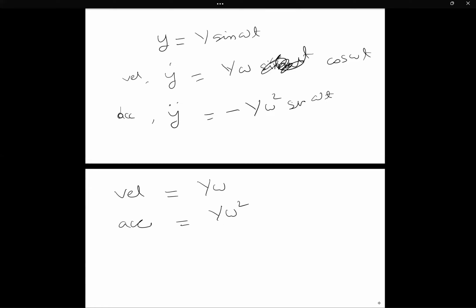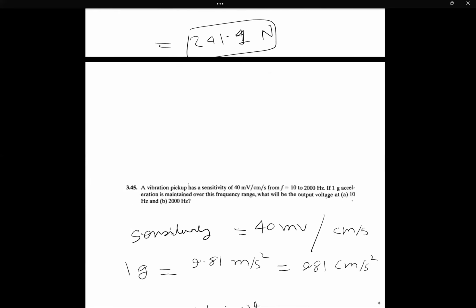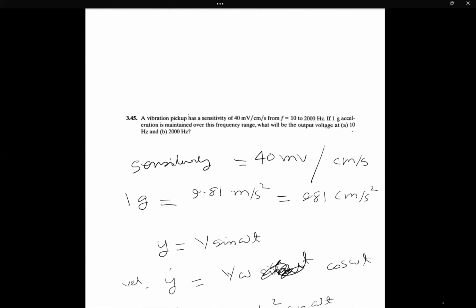Now here at first we need to find the output voltage at 10 Hz. So let's say 10 Hz, F is equal to 10 cycle per second or 10 Hz.